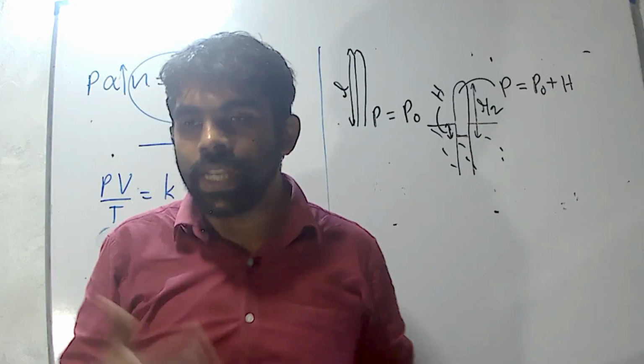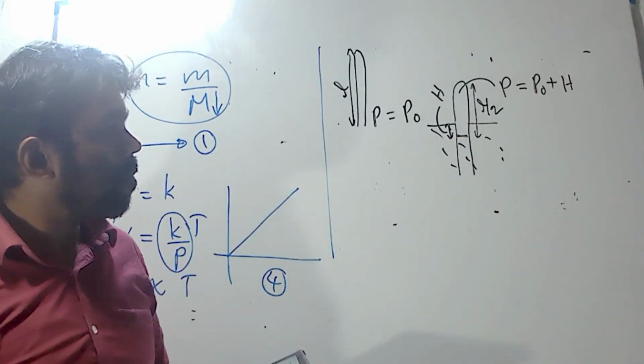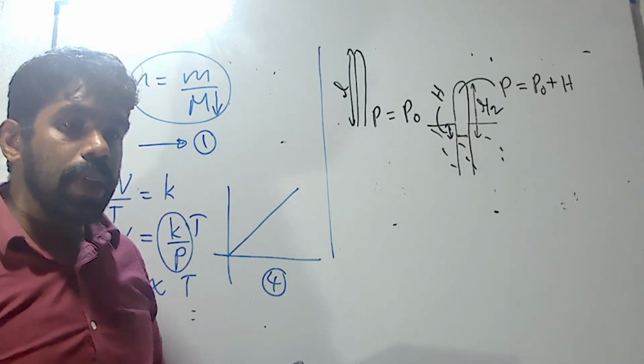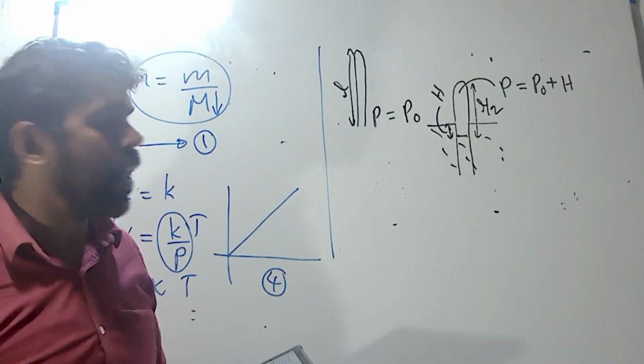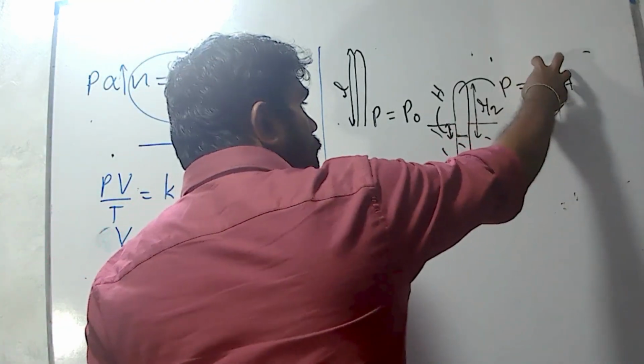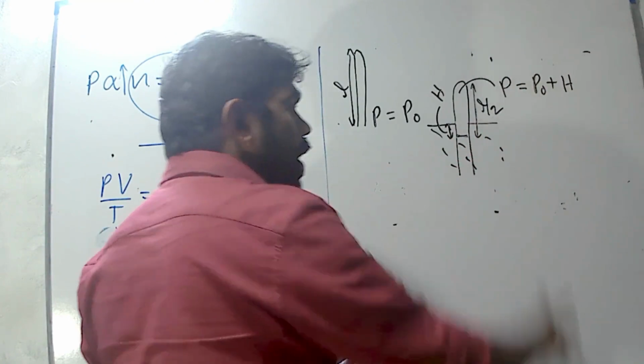When using liquid height to indicate pressure, like millimeters of mercury or centimeters of mercury, the pressure at this place is atmospheric pressure plus H in liquid height units.